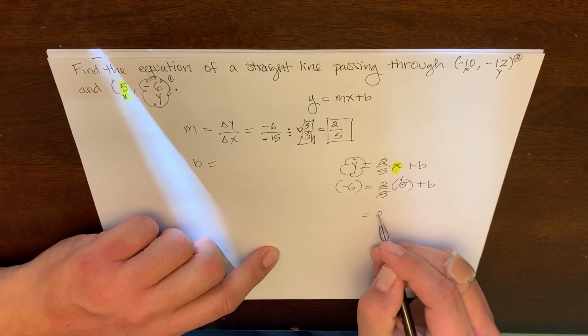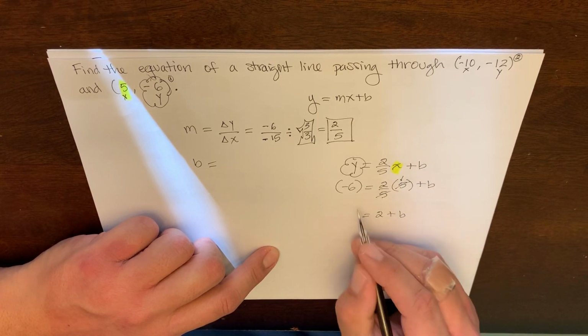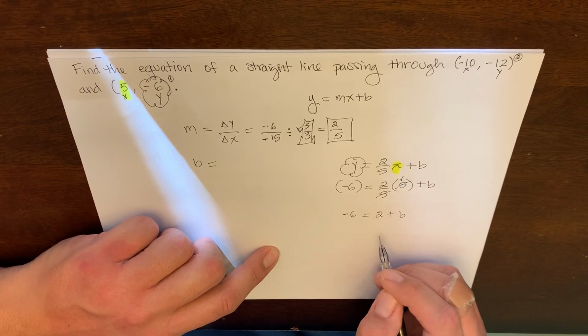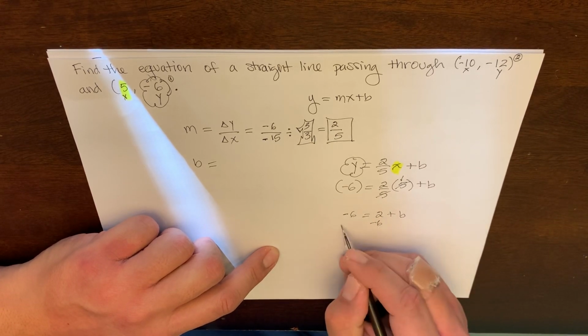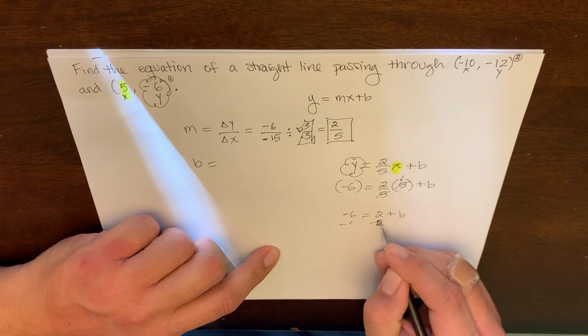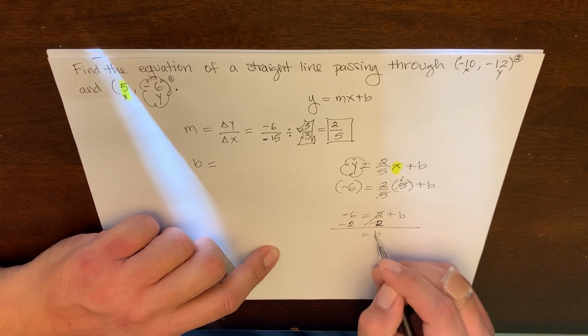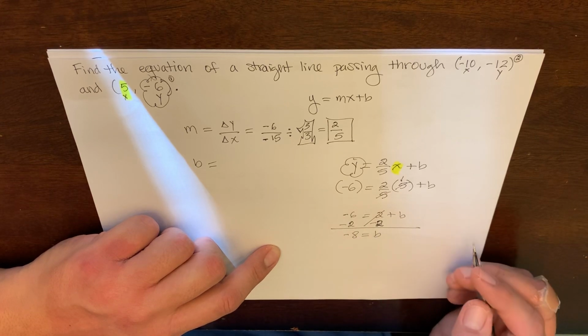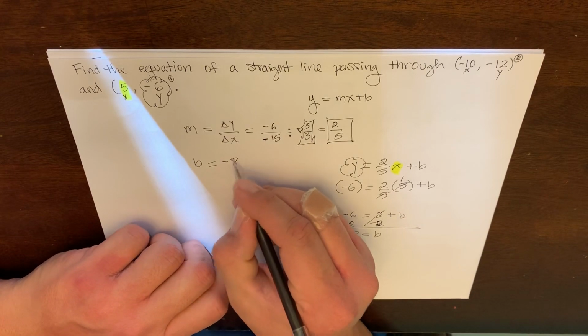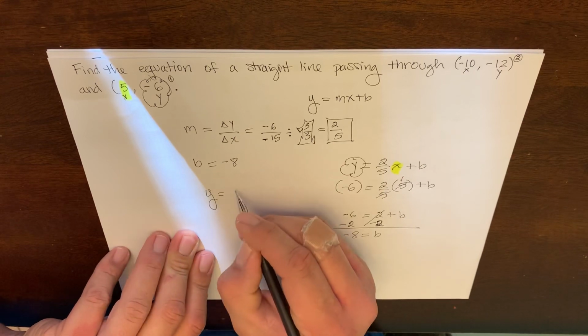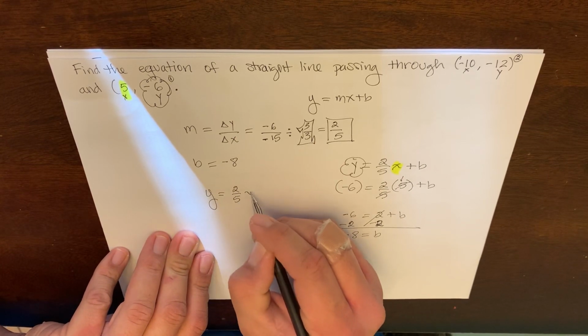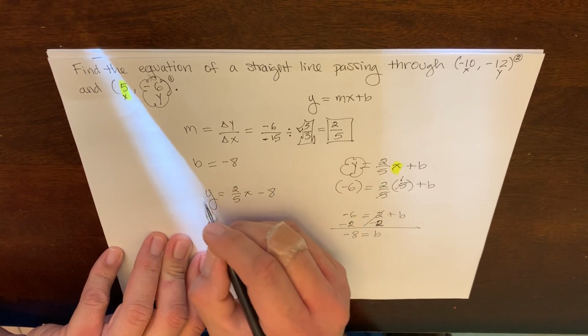So I get 2 plus b equals negative 6. Subtract 6 from both sides. I'm sorry, subtract 2 from both sides. b equals negative 8. So my equation should be y equals 2/5 x minus 8.